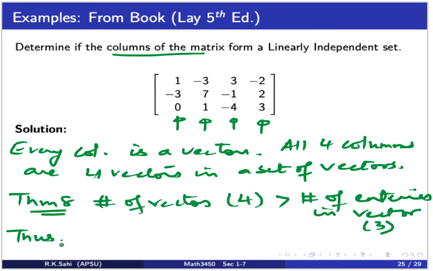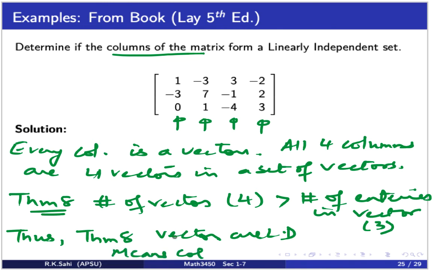Thus, by Theorem 8, these vectors are linearly dependent, which basically means, because these vectors are nothing but the columns of the matrix, that the columns of the matrix are linearly dependent. That's one way of proving it, because you just have to remember what theorem is the appropriate one which will help you and how you make that connection. That's the whole story.